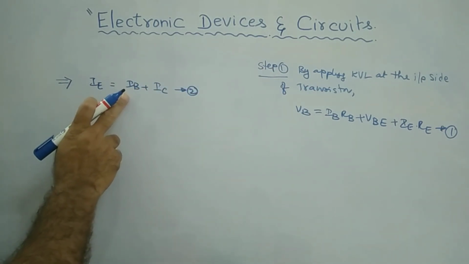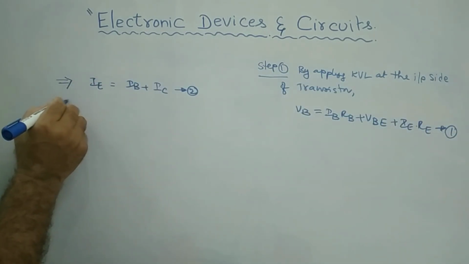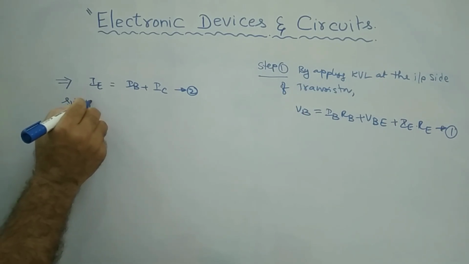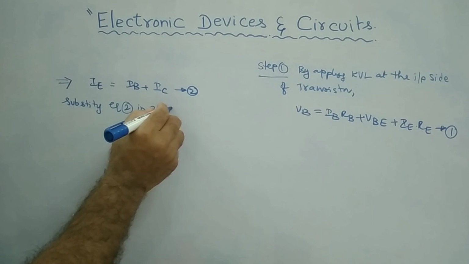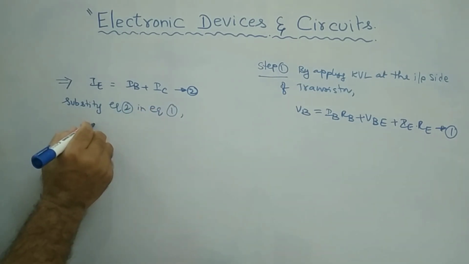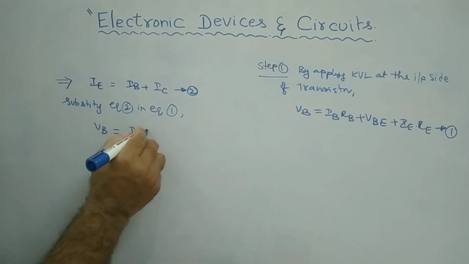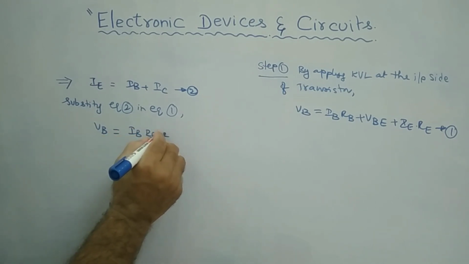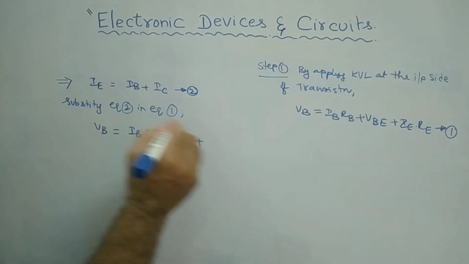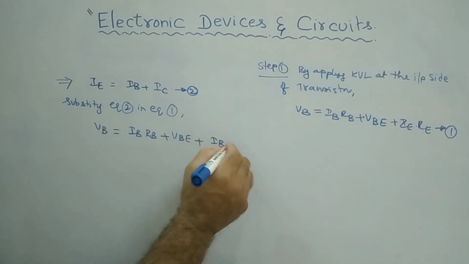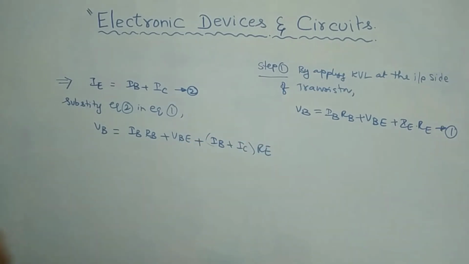Substitute equation 2 in equation 1. Then what you will get is VB is equal to IB into RB plus VBE, is it not, plus, what is IE? It is IB plus IC into RE. Clear?